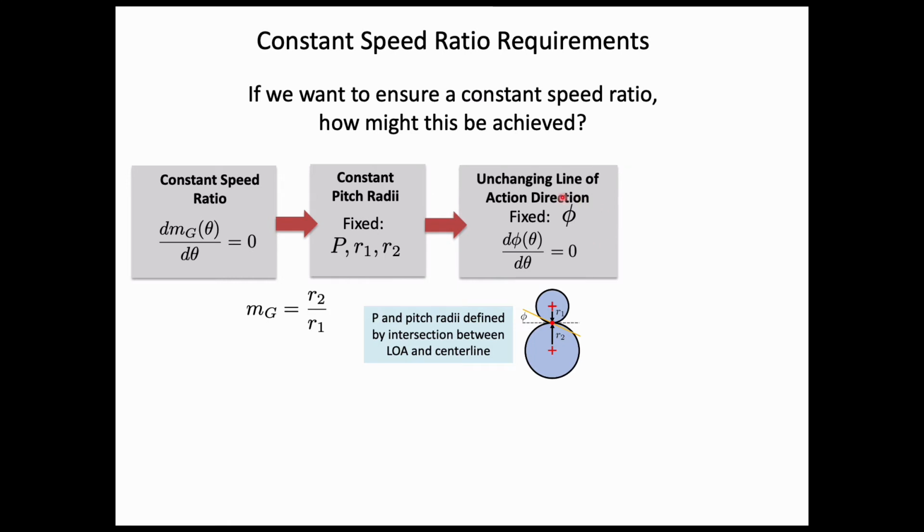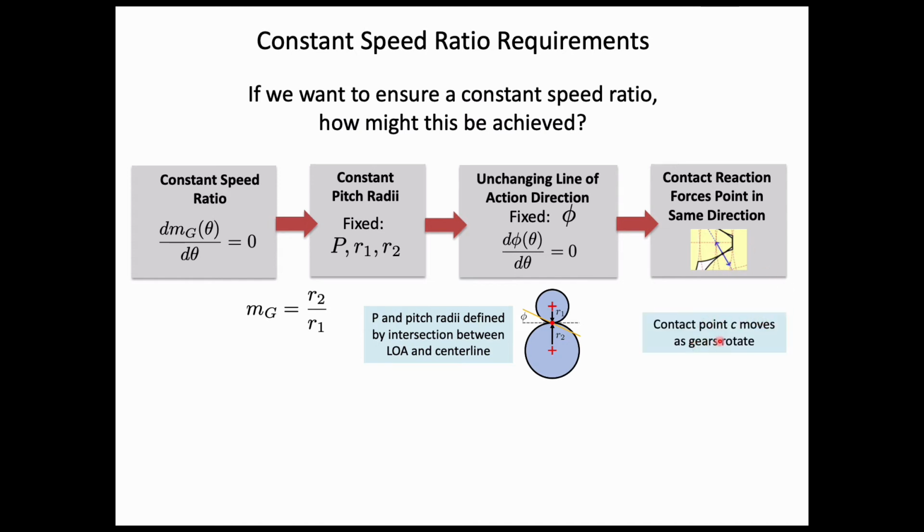Because of that, equivalently, if the pitch point never changes, then that means we have an unchanging line of action direction. Or in other words, the pressure angle never changes. The derivative of the pressure angle with respect to angular position of the gear is 0. If this is the case, then the contact reaction forces are always pointing in the same direction.